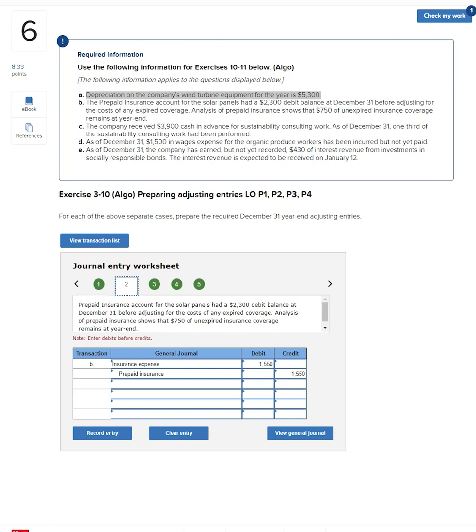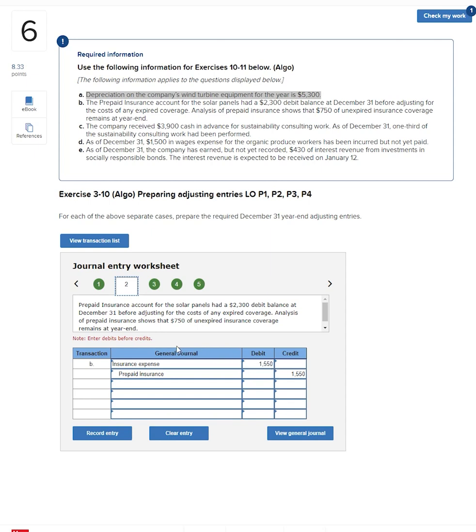Okay, so we need to register the expense account and prepaid insurance in this order. Similar to the previous one, the expenses will be the debits, and insurance will be the credits. The reason is because some time has passed since the insurance was paid and there's already an expense.